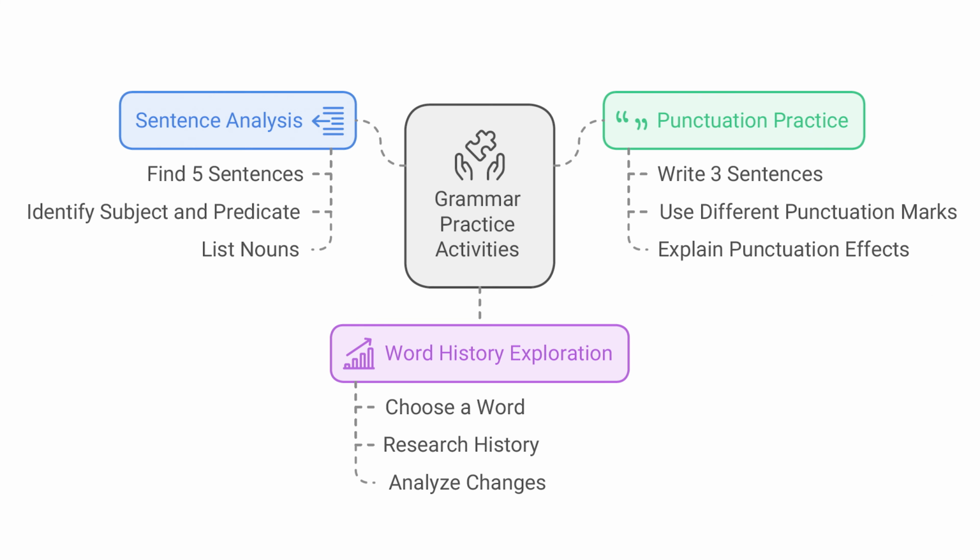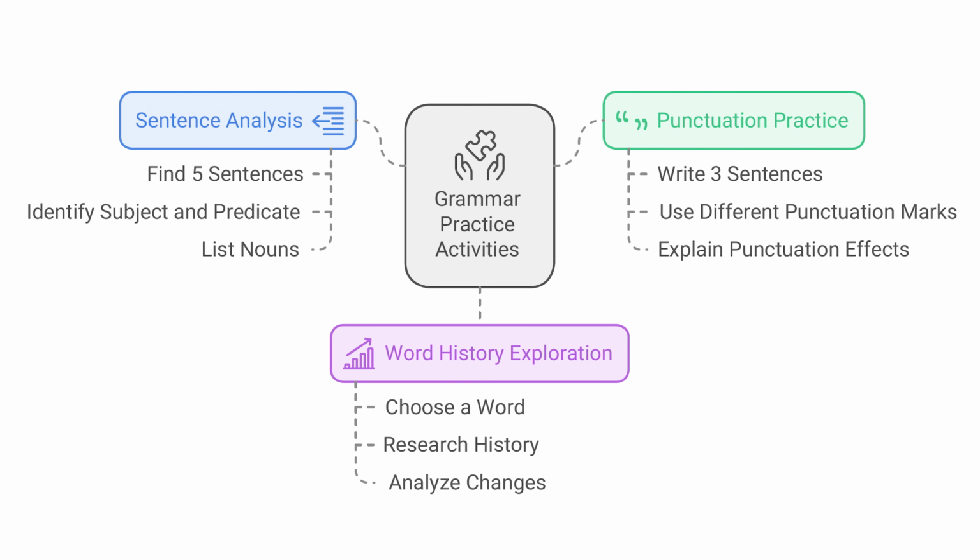Homework assignment. 1. Find 5 sentences in a book, newspaper, or online article. For each sentence, identify the subject and predicate. List any nouns you find. 2. Write 3 sentences of your own, each using a different punctuation mark: period, question mark, exclamation point.